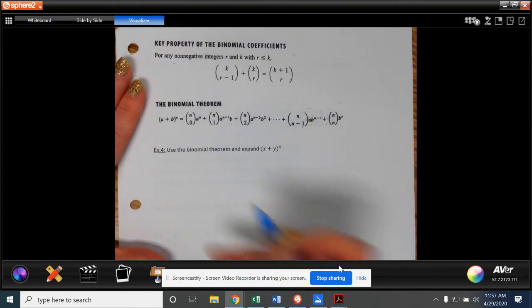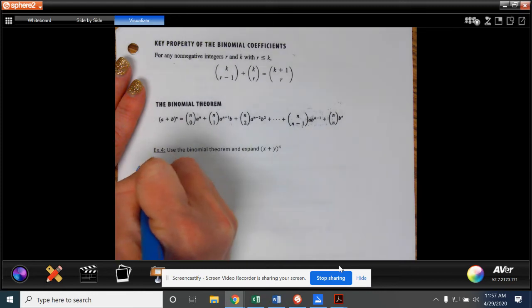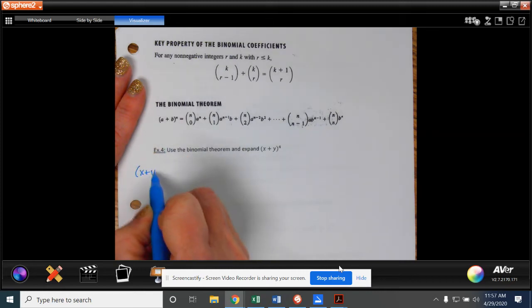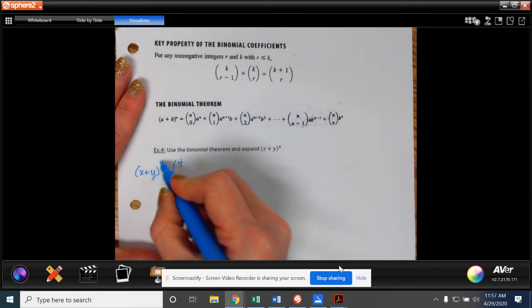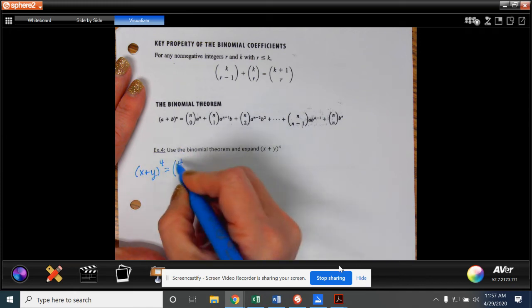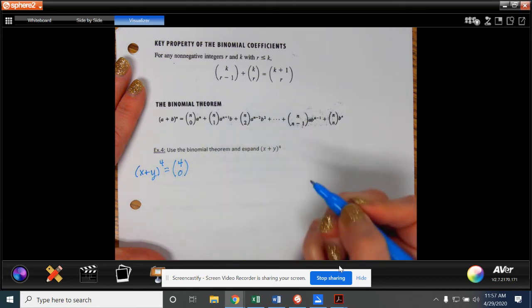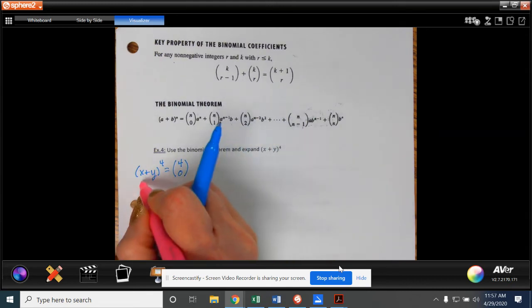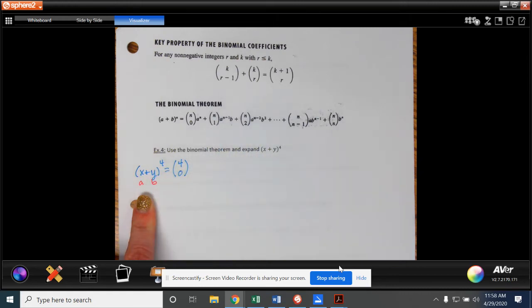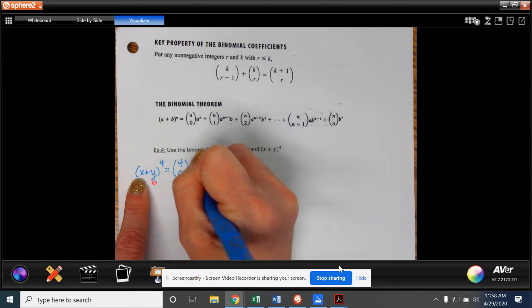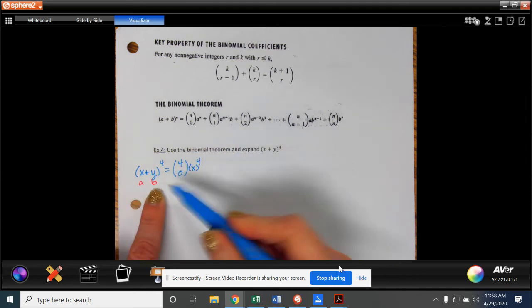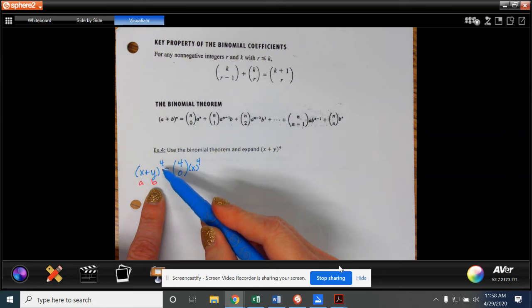So let's begin. If I take x plus y to the 4th, my binomial coefficient would be 4 over 0, the 4th power over the first position, times, remember this is your a and this is your b, your a value to the 4th, so that would be x to the 4th, and then the b value to the 0.